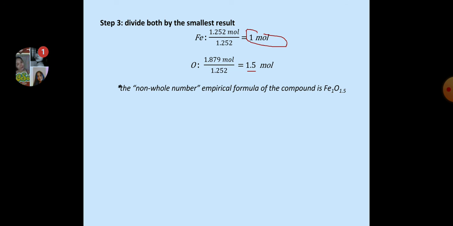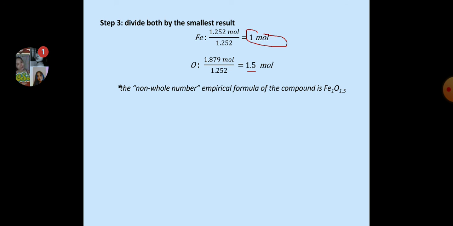So, we need to make this 1.5 a whole number. Paano? So, we need to think of a number na pag minultiply sa kanya is maging whole number siya. 1.5. And take note, smallest. So, the smallest number na pwedeng i-multiply sa 1.5 para maging whole number is 2.